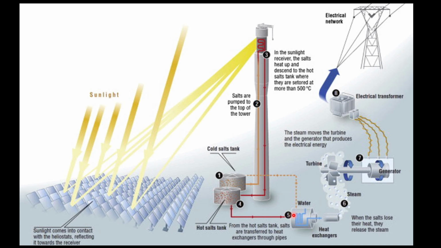After that, the cold salt is pumped back to the cold salt tank. From there, it is pumped back to the tower, heated again, and the process continues. So this is how a central receiver type power plant works.